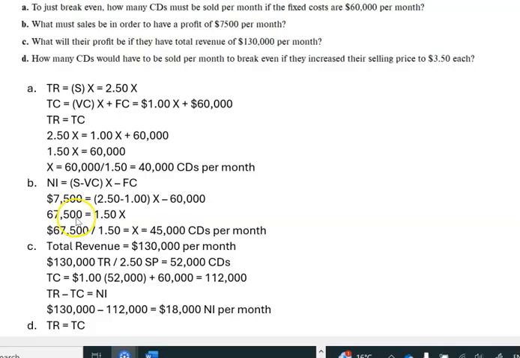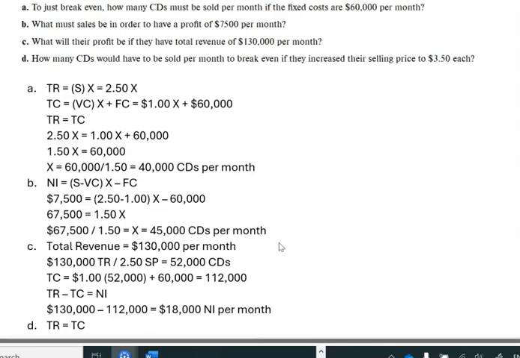That gives us 67,500 equals 1.50x. So 2.50 minus 1 gives us 1.50x. So therefore we have 67,500 divided by 1.50 equals our x, because we have to get rid of that 1.50 to have the x alone. So we divide both sides by 1.50, and therefore x is 45,000 discs per month.